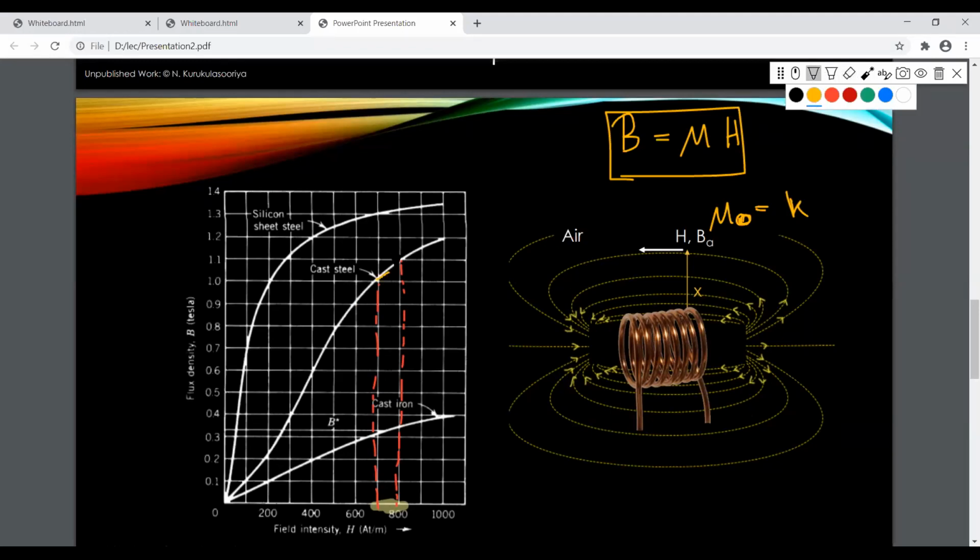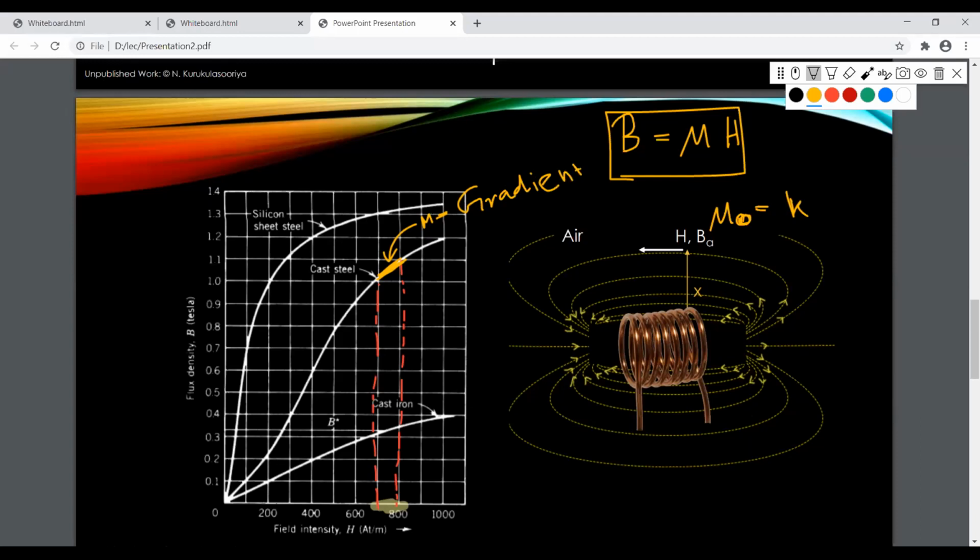Because it's a smaller range, it's like a line. So in this range, you can assume the mu value is constant. Mu simply means the gradient of this line.